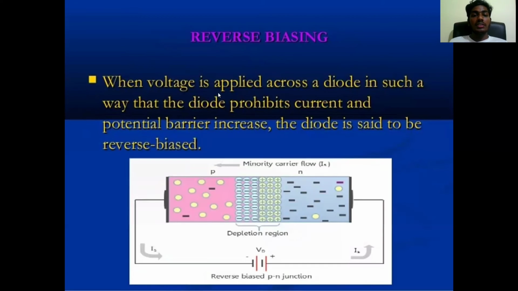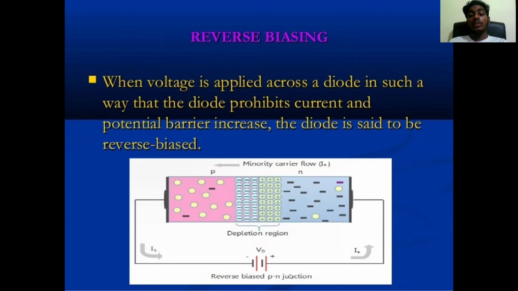Next, reverse bias. When voltage is applied across a diode in such a way that the diode prohibits current and potential barrier increases, the diode is said to be reverse biased. Here, negative terminal is connected to the P-type and positive terminal is connected to the N-type.